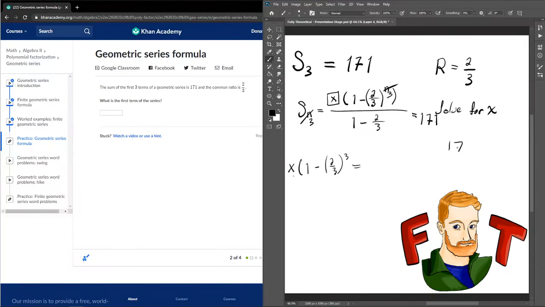Okay, so 171 times 3, we have 3, 1, carry the 2, we have 3, now it's 5, so it's 513. Okay, 513.